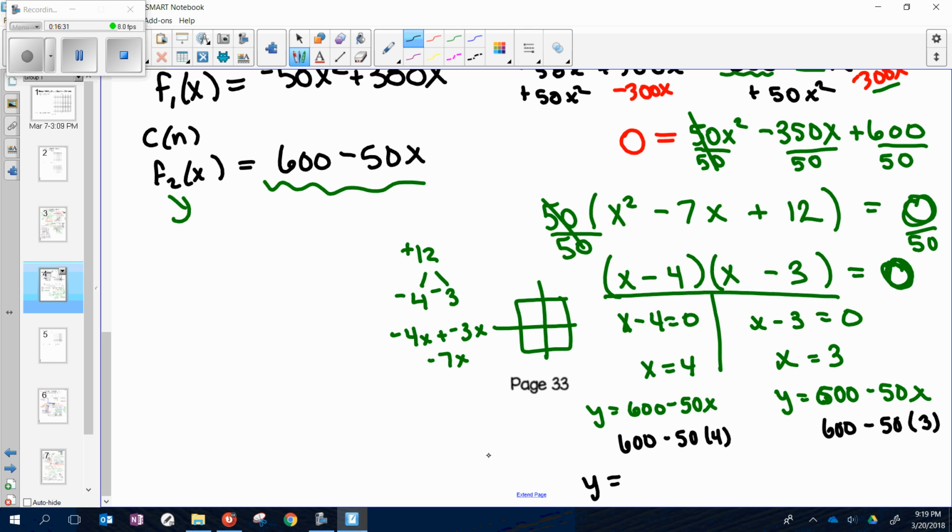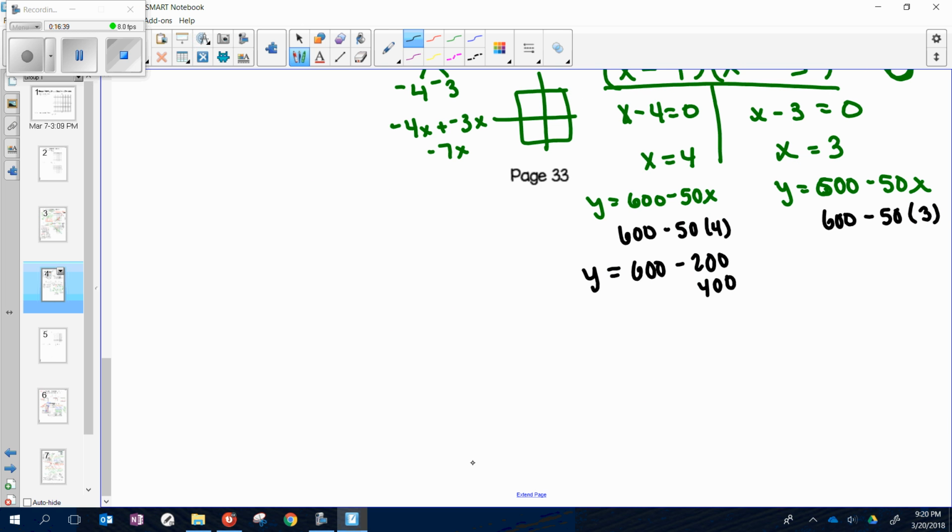So y equals 600 minus 200, I get 400. And 600 minus 150 will be 450, I think. 450. So 3 gave me 450.